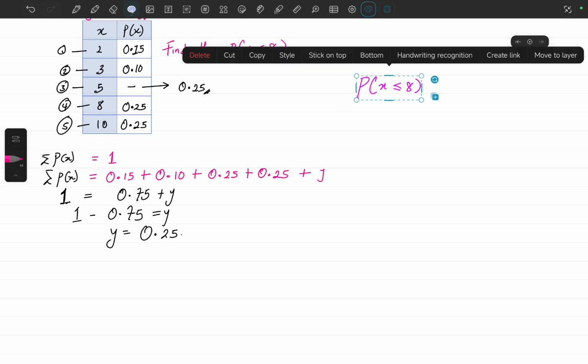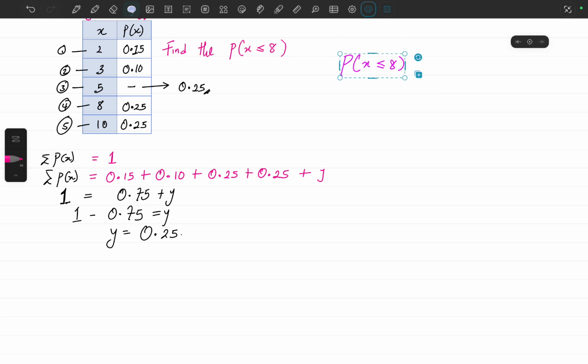What we're going to do is to understand what the question is asking us to do here. We have to find the probability of x less than or equal to 8. We're looking for the numbers that are less than or equal to 8. What is the probability that if I select a number, I'm looking for the probability of picking a number that is less than or equal to 8.